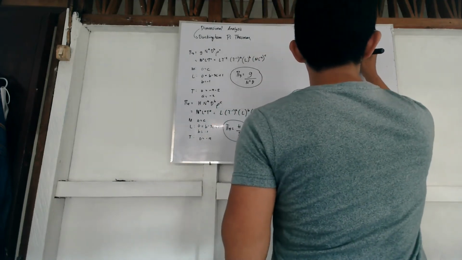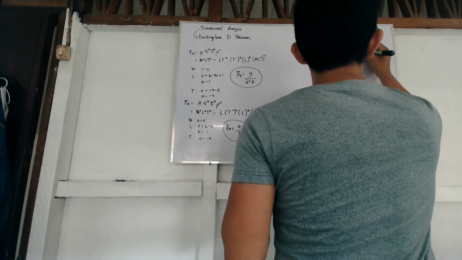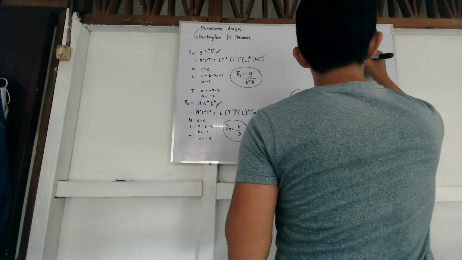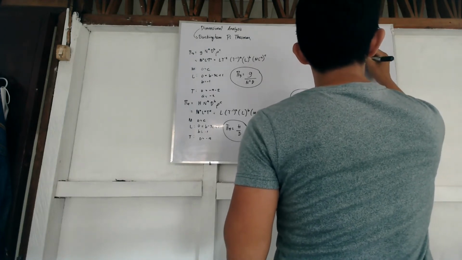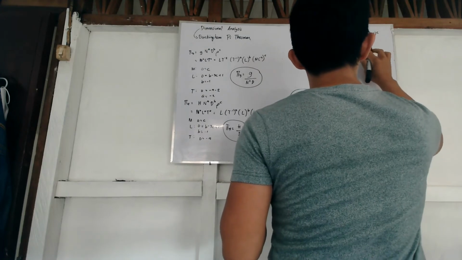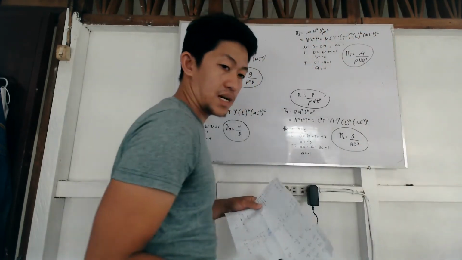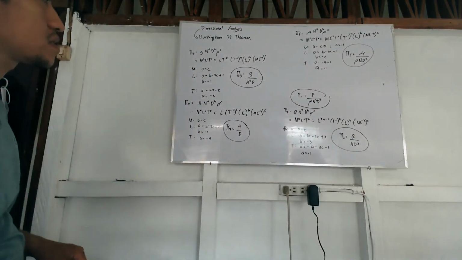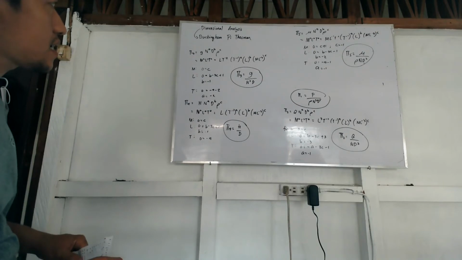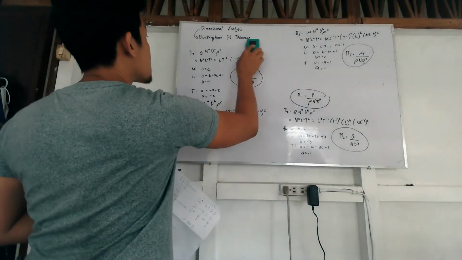Therefore, pi 5 is mu over rho N D square. Okay? So, those are your pi terms. Okay, now, symbols.